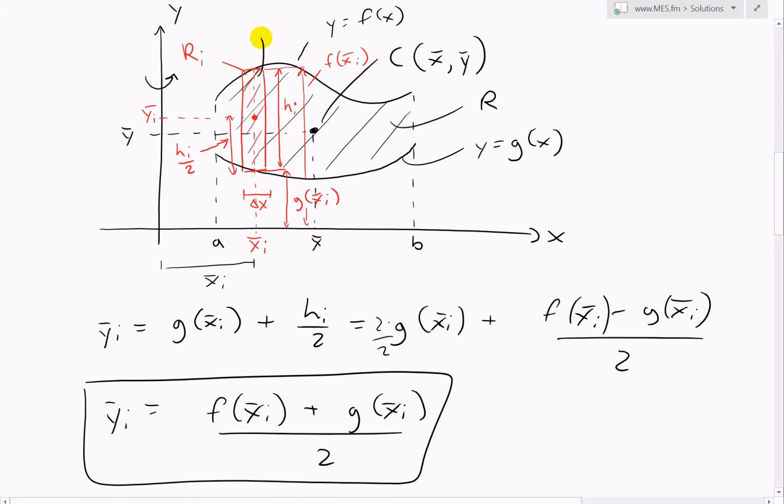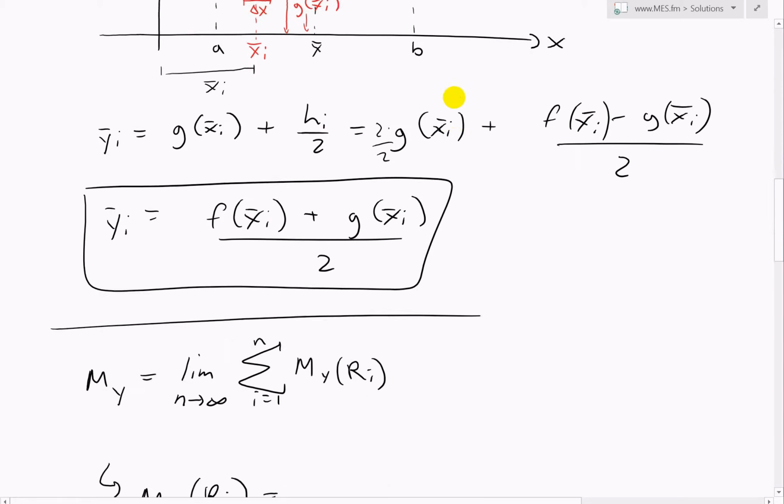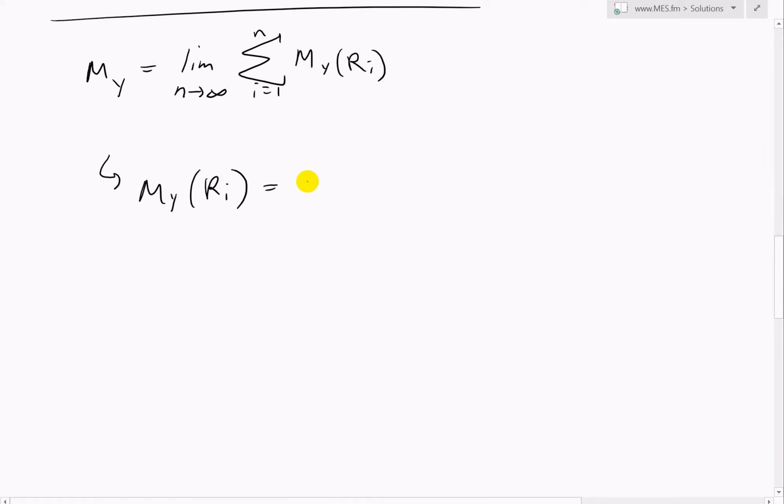And this one here has a mass m_i. Like I explained before, the moment is going to be m_i times the x center of mass point, like that. And this equals, if this has a constant density, so let's just say it's constant density, the mass is just the constant density times the area of that region. Again, like I explained in the last video.